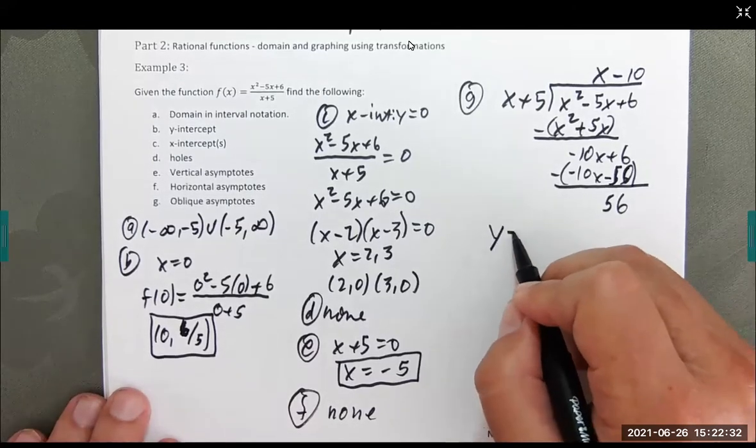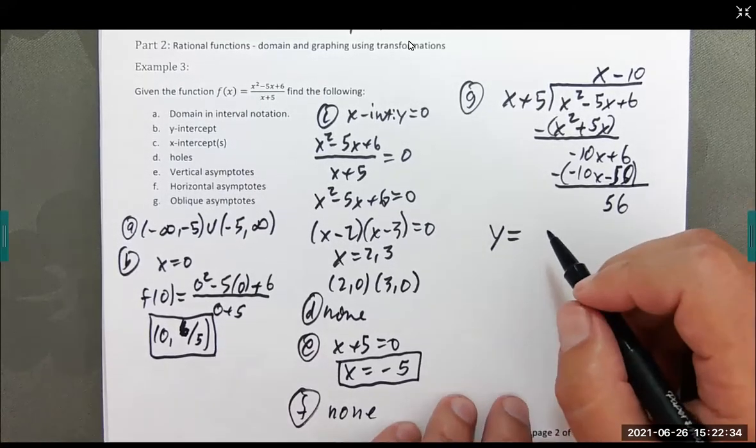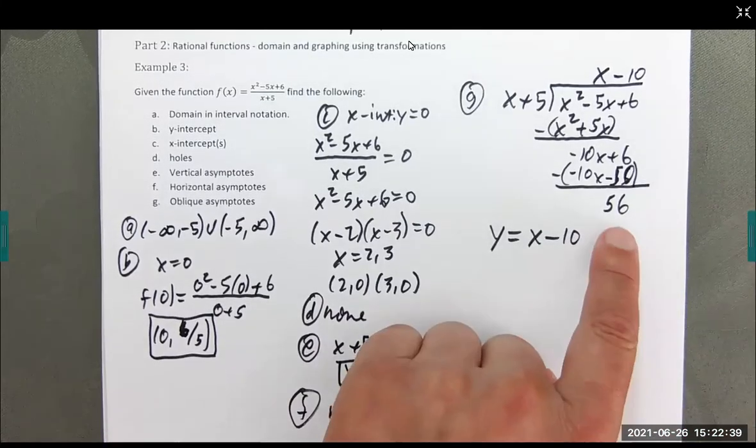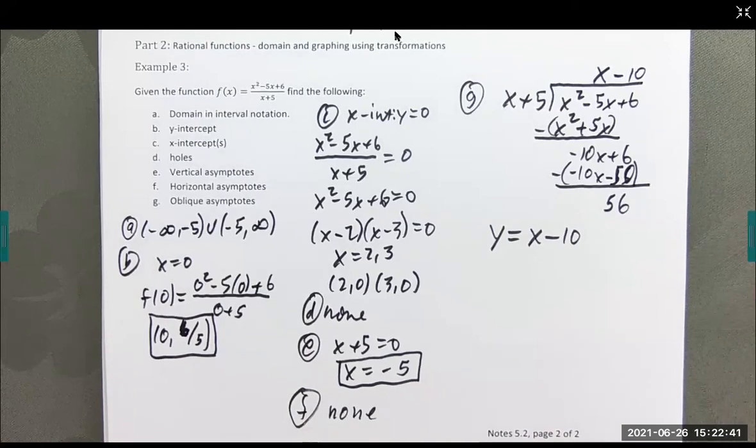So the oblique or slant asymptote is y equals x minus 10. We don't need to put the 56 over the x plus 5. That, as I mentioned before, goes to 0 as x gets particularly large to positive infinity or negative infinity. All right.